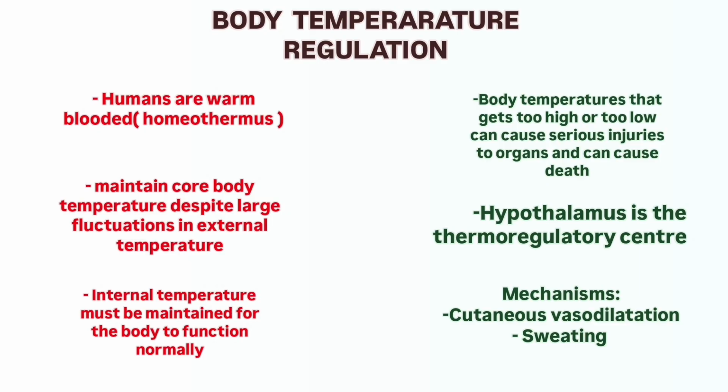Internal temperature must be maintained for the body to function normally. If the body temperature gets too high or too low, it can cause serious injuries to the organs and can also cause death. In our body, the hypothalamus is the thermoregulatory center. It maintains the temperature through cutaneous vasodilatation and sweating.